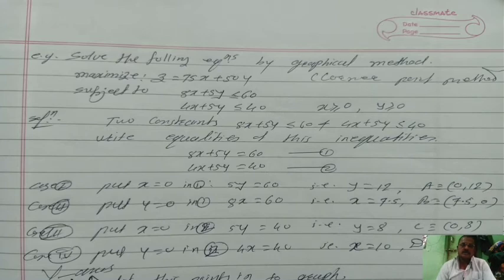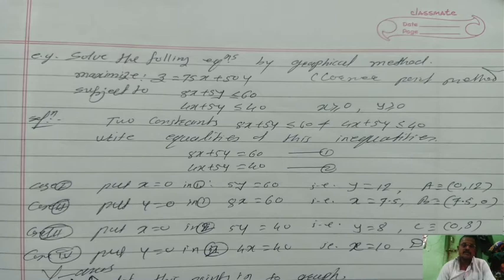Write down the constraints: 8x plus 5y is less than or equal to 60, 4x plus 5y is less than or equal to 40, and these two are constraints. And the non-negativity conditions: x is greater than or equal to 0 and y is greater than or equal to 0.